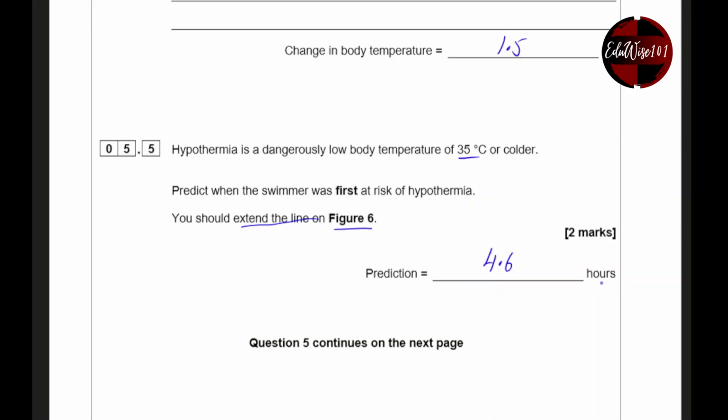They're asking it in hours, so the scale is in hours. Now your answer depends on the way you draw the line, and they're giving a range. Any answer between 4.3 to 4.8 will give you 2 marks, provided you have actually drawn the line on the graph. If you haven't drawn the line, you just simply get 1 mark.